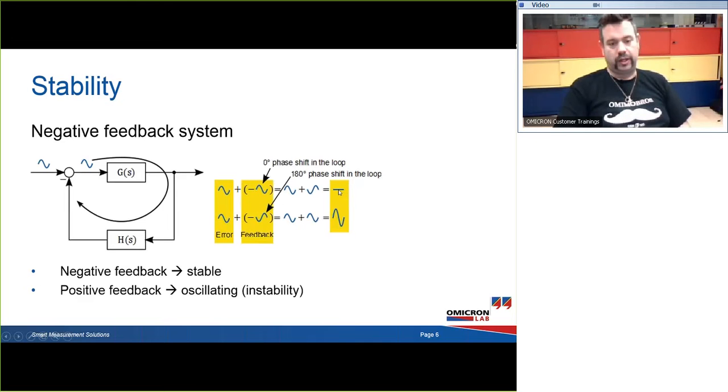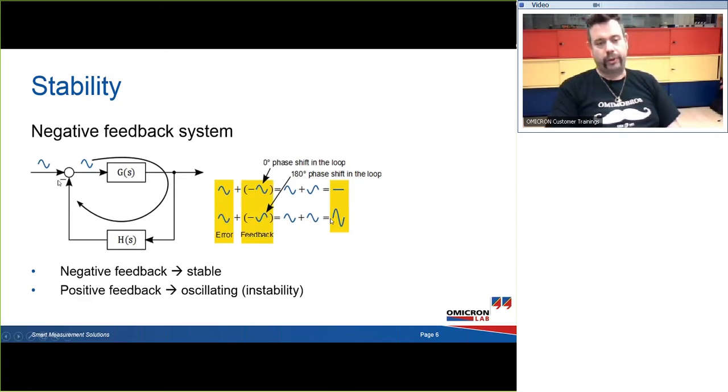If I have a positive feedback, this means that there is a 180-degree phase shift in the loop. I have a so-called echo, an oscillation: the signals add up to each other, and then I have an instability and the circuit can start to oscillate.